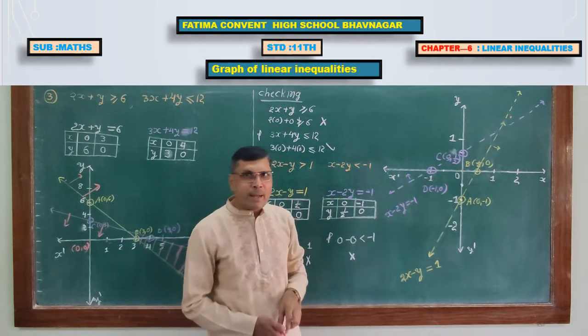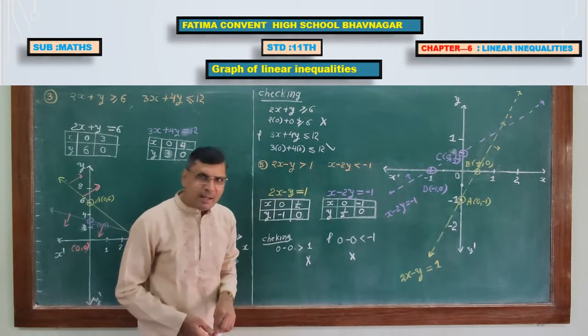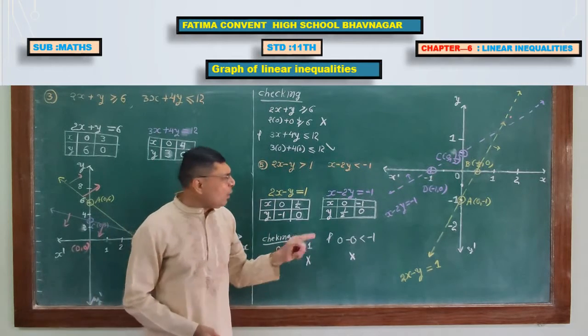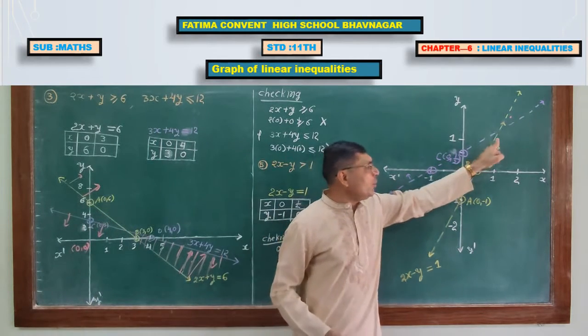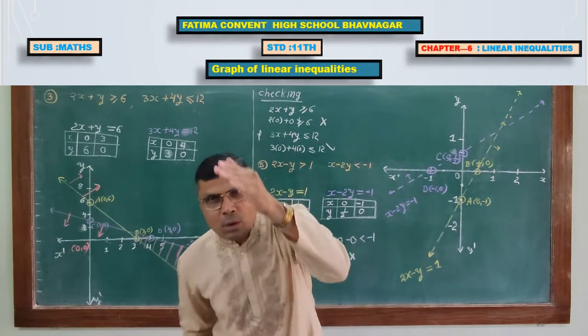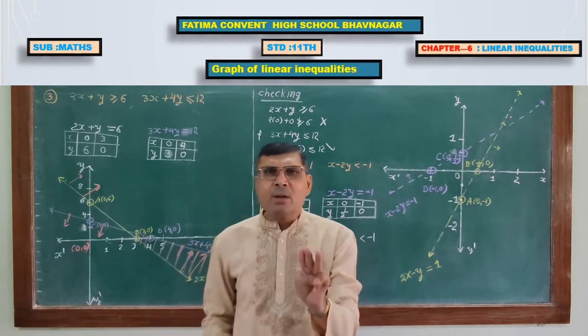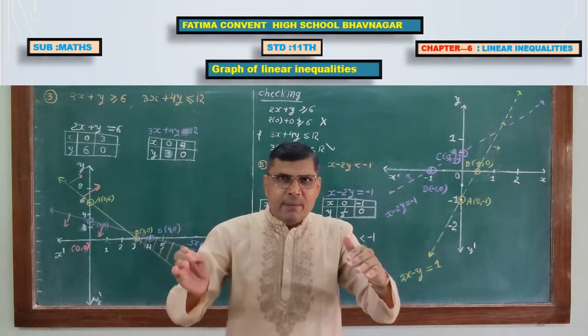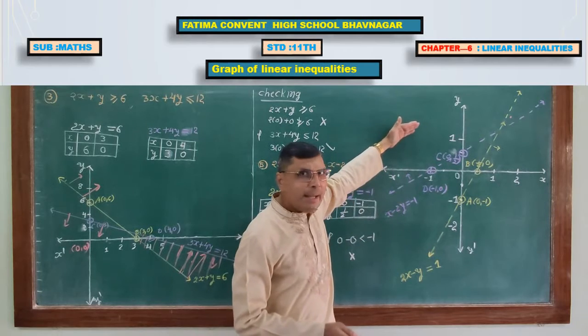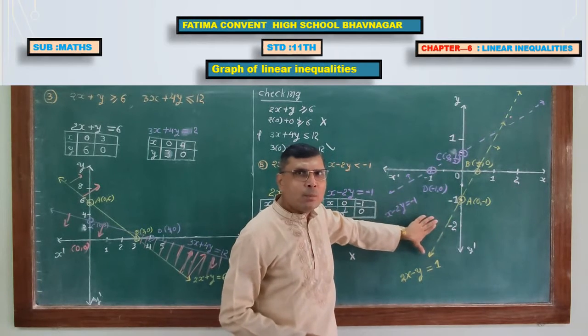Now, once again, I want to check which area each represents, because this is just a separation of 3 regions that you already know. When I draw a line, there are 3 parts of the graph: on the line, the upper area of the line, and the lower area of the line.